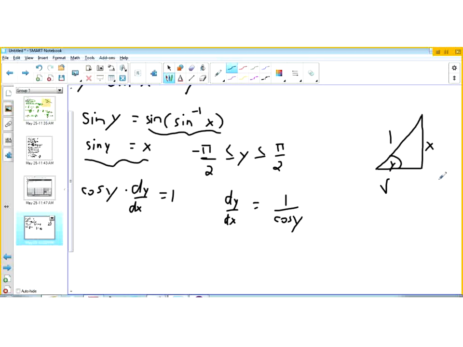The cosine of y is adjacent over hypotenuse, so this would be the square root of 1 minus x squared. You can verify this length by the Pythagorean theorem: this quantity squared plus x squared must equal 1. So now we just replace y with its expression in x. That would be cosine of y equal to the square root of 1 minus x squared.